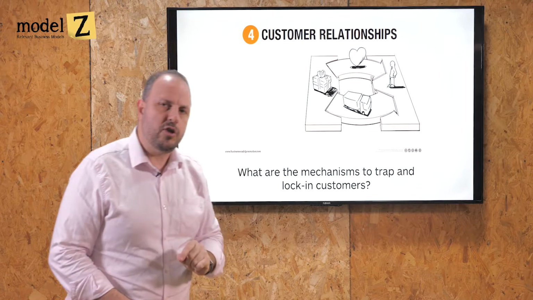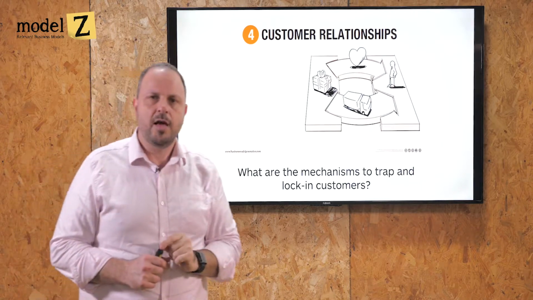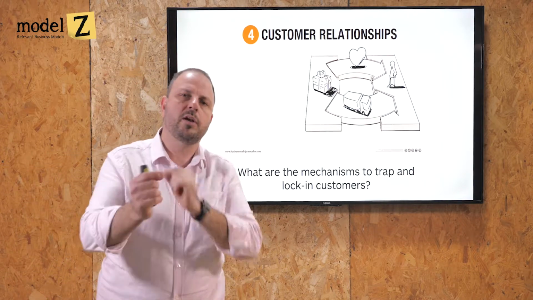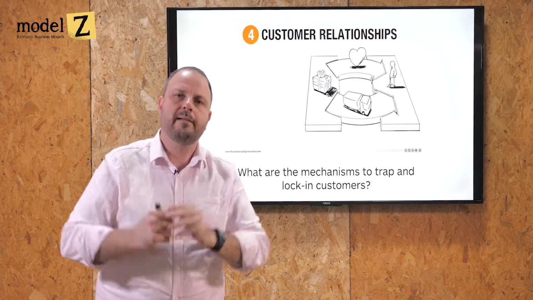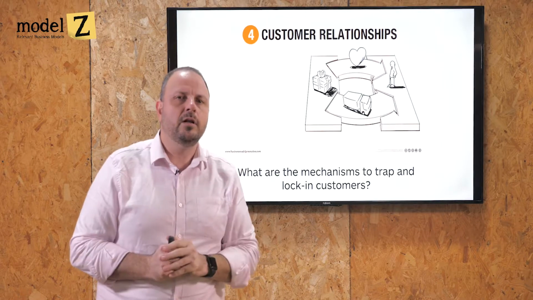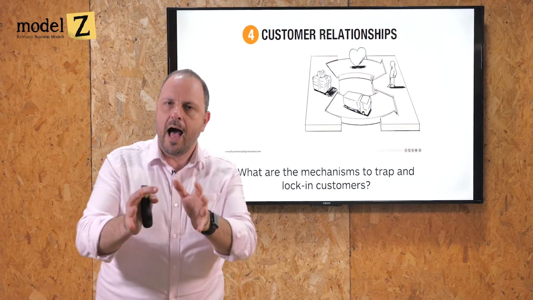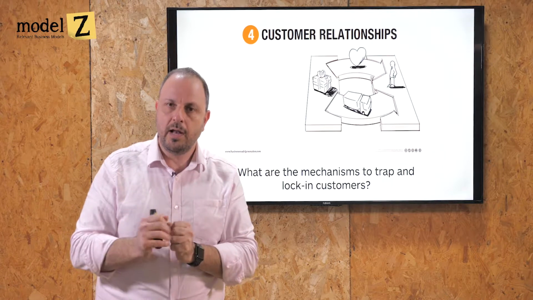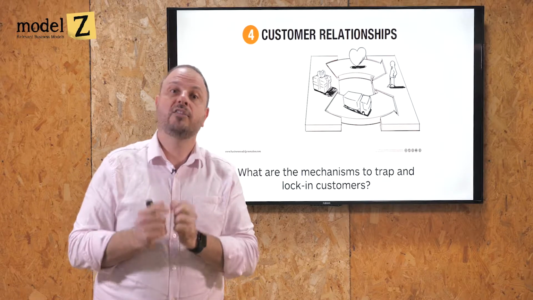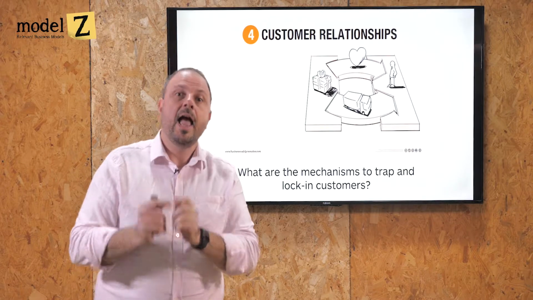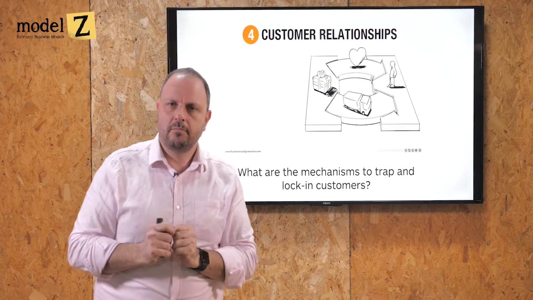Now, customer relationships. A lot of people know the canvas, but they think customer relationships are the relationships we have with customers, and they're right. But if we refine this a little better, we'll find that customer relationships are all about how to acquire customers, and I would even further state how to trap them, and how to retain them.